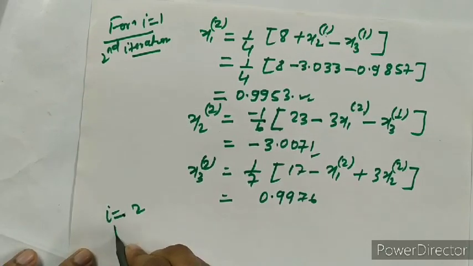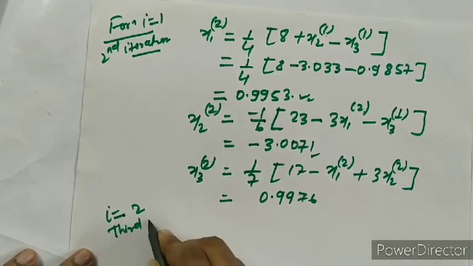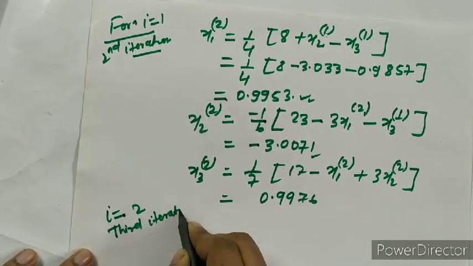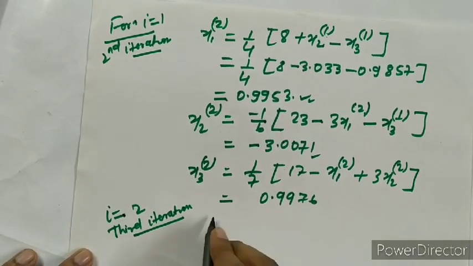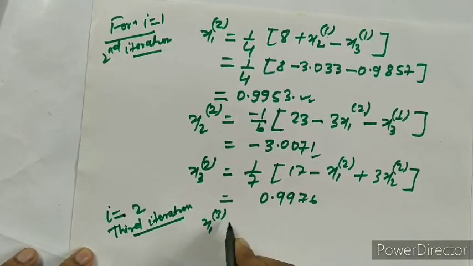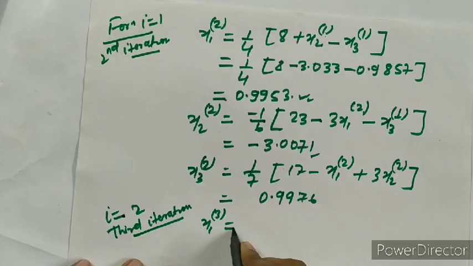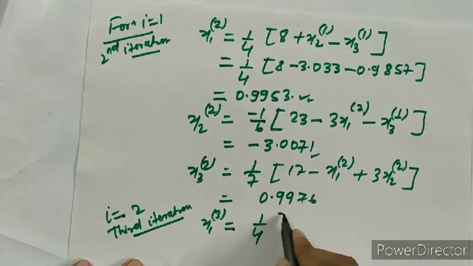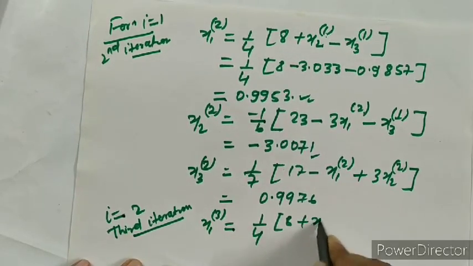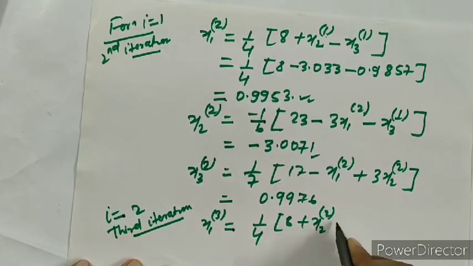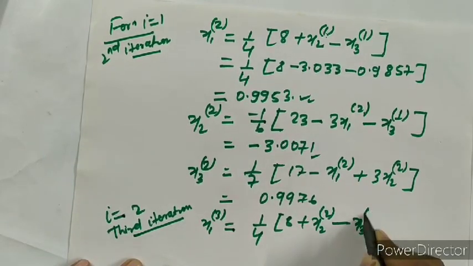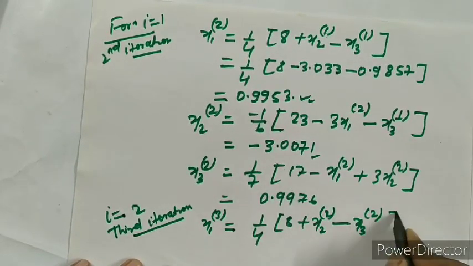Similarly, for i equal to 2, we will get the third iteration. So x1 at the third iteration is 1 by 4 into 8 plus x2 at the second iteration minus x3 at the second iteration, the previous values.